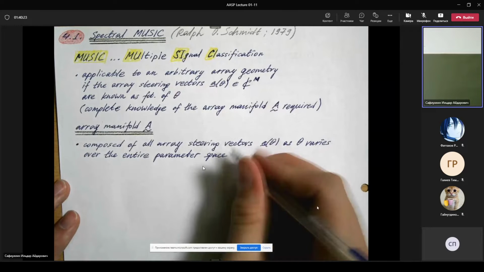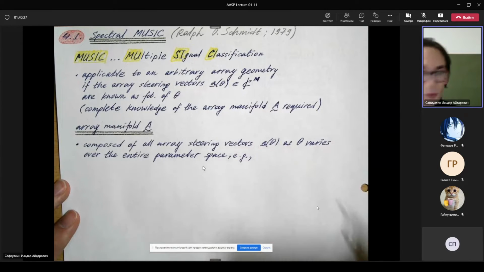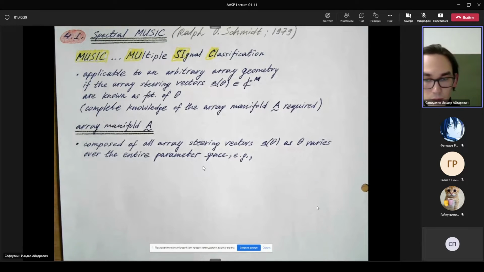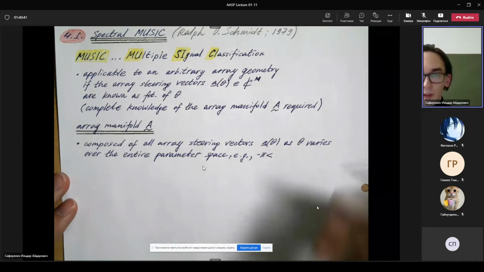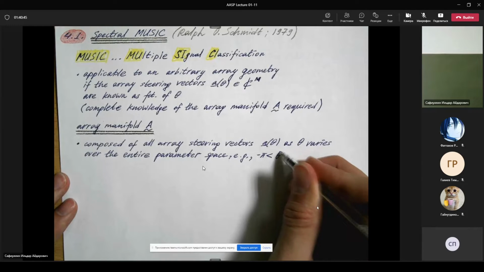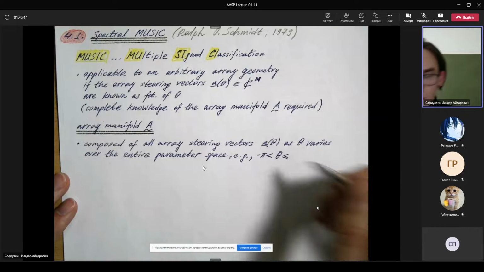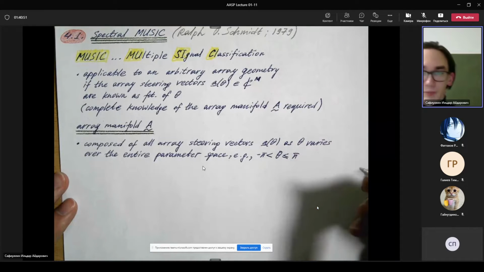For example, we gave these bounds before, I think. This theta goes from minus pi, and it is greater than minus pi, and from the right-hand side, we have less or equal to pi.